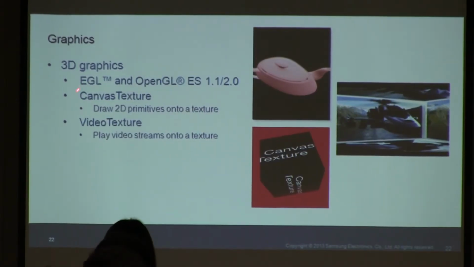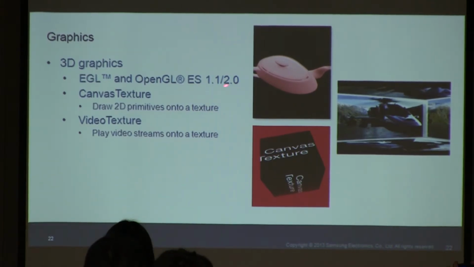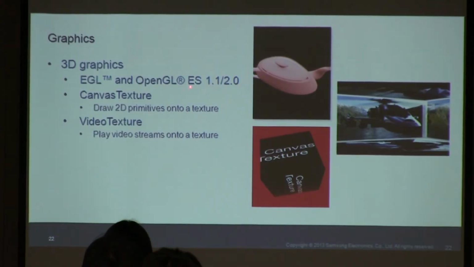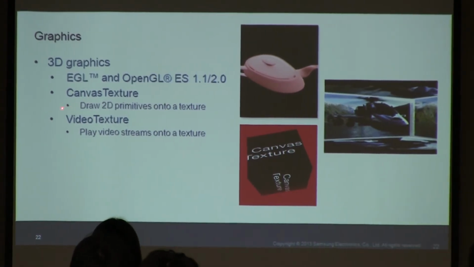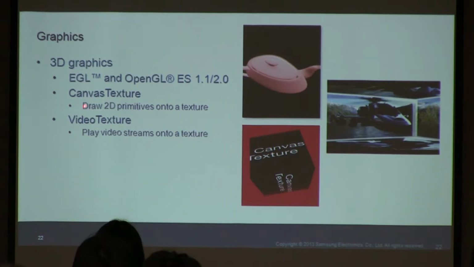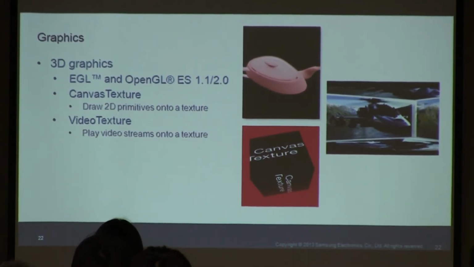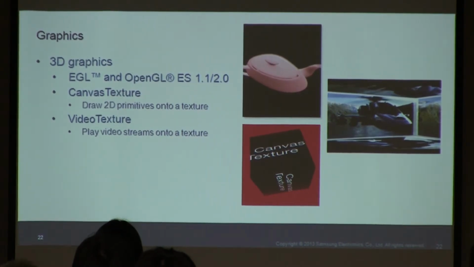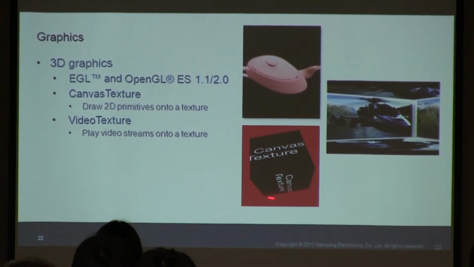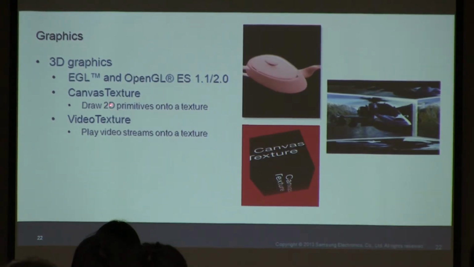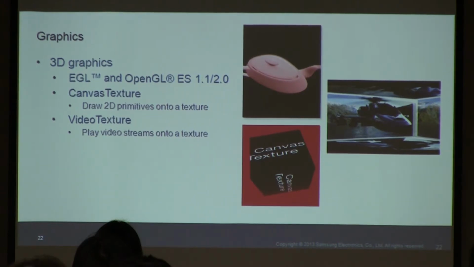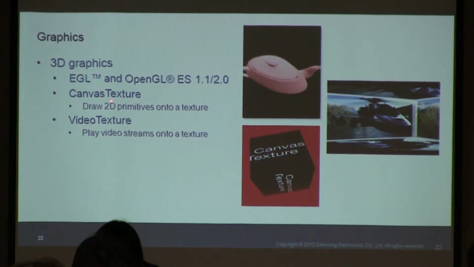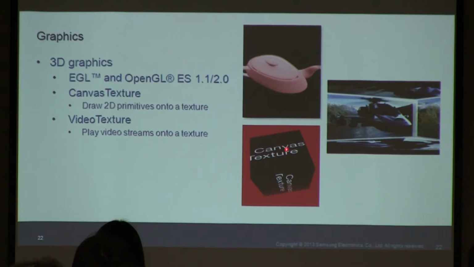And 3D is a bit interesting, because we are providing OpenGL 1.1 and 2.0 features, as well as convenient features like canvas texture. If you're drawing some 2D graphics or loading some 2D bitmap files, you can attach them to the 3D models. This is provided as an API, so 6 lines is just enough to put the canvas as a texture like this.